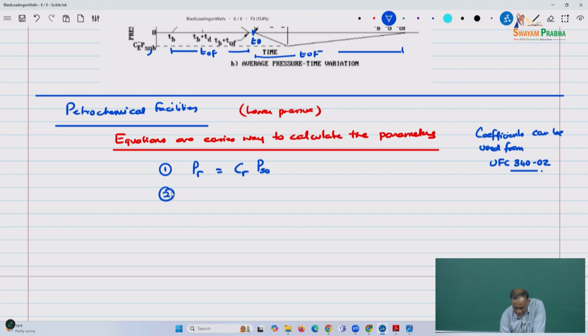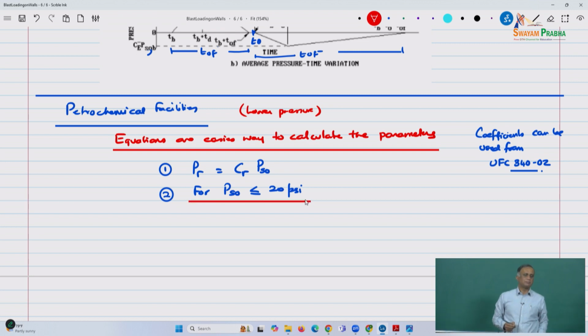Then the second equation is for PSO less than or equal to 20 psi. If it goes beyond that, you're not quite on your own, but you're using value judgment there.